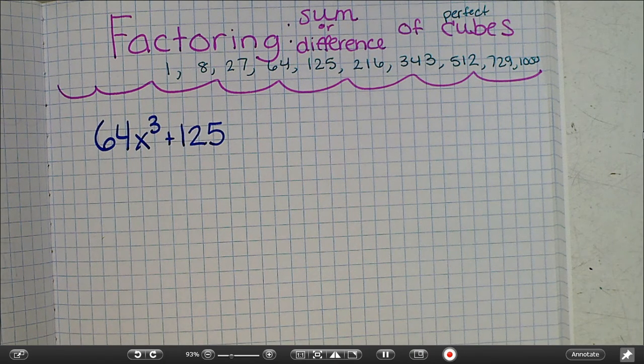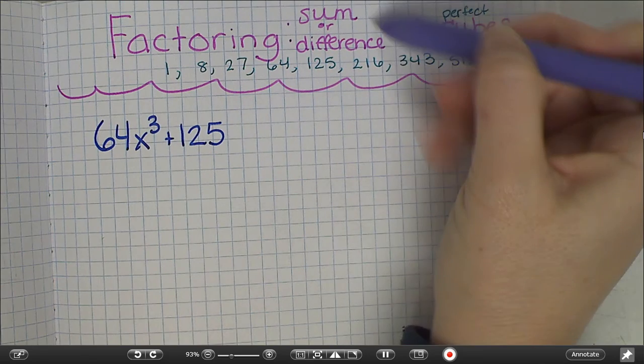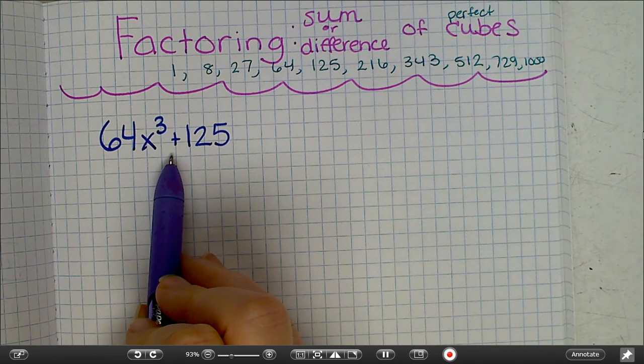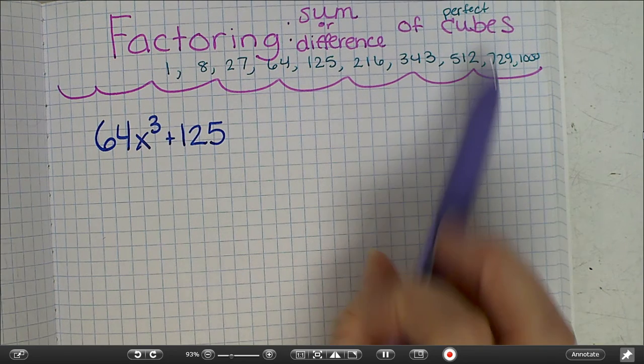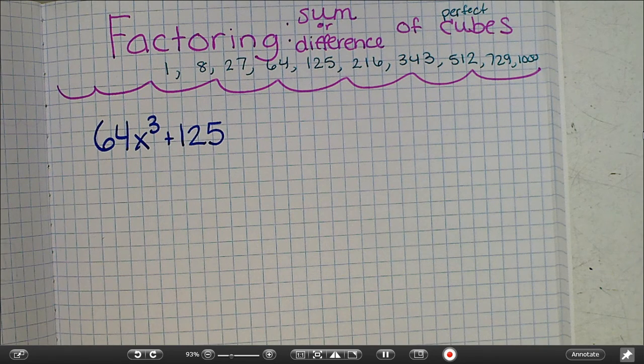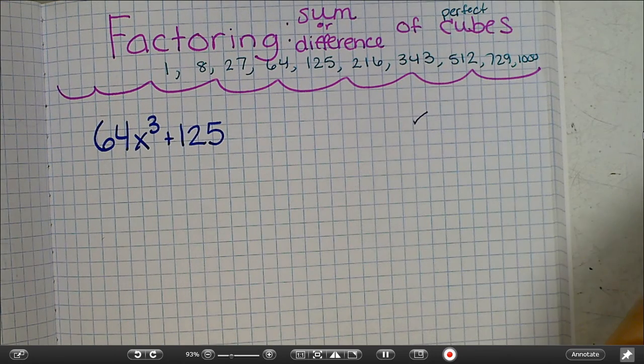And then you need to ask yourself, are these perfect cubes? And yes, they are perfect cubes. For perfect cubes, you can have a sum or difference. So the fact that this is a plus is fine when we're talking about cubes. If they're squares, it's not okay. All right, so yes, this is a sum of two cubes.